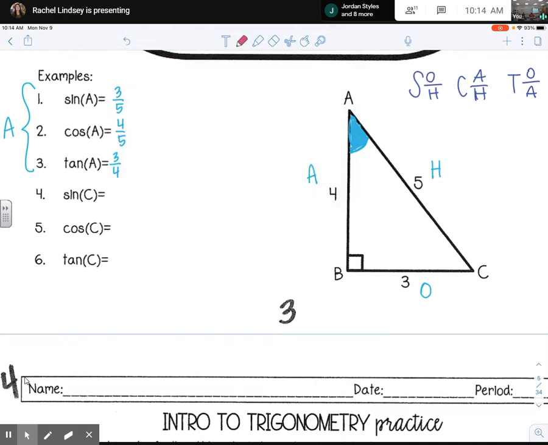So now it wants you to find all of those for C. Hypotenuse is still the same. Now the 4 is the opposite, and the 3 is the adjacent.